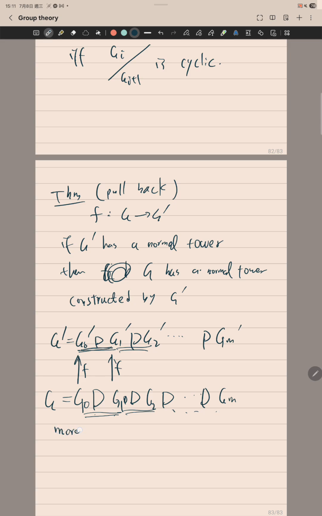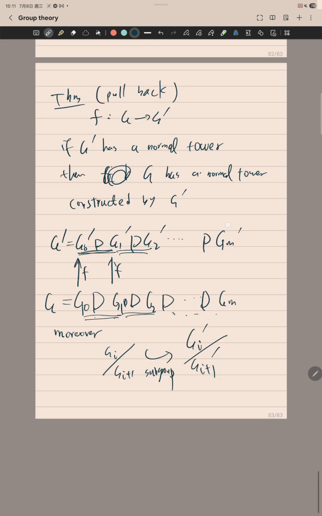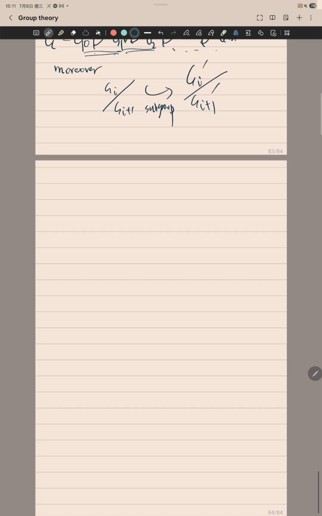Moreover, by the previous results, G_i divided by G_{i+1} is a subgroup of G_i prime divided by G_{i+1} prime.